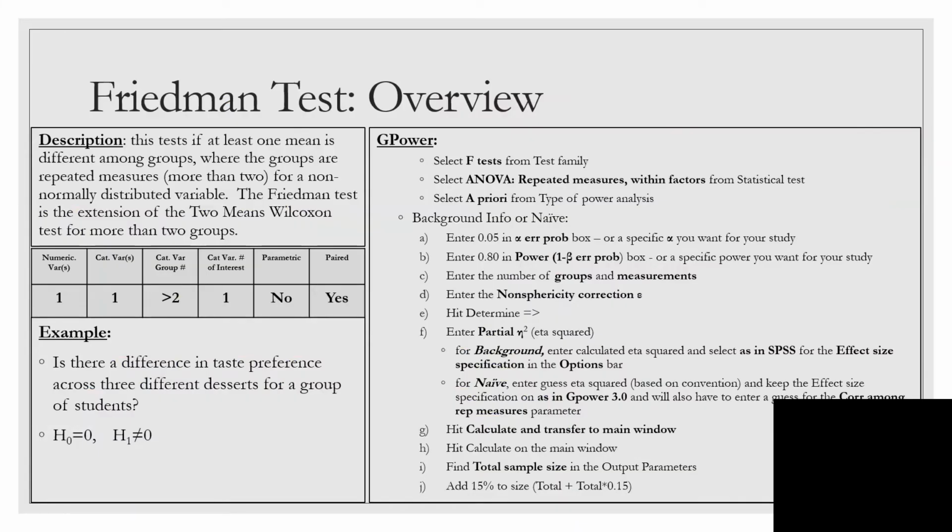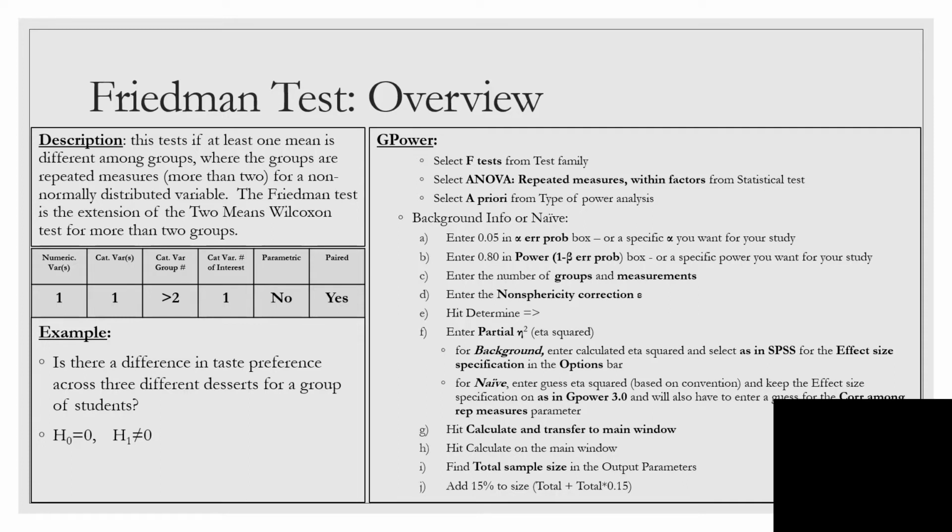Moving on here, we have the Friedman test, which is the nonparametric version of repeated measures ANOVA, or the logical extension of the 2-means Wilcoxon. Data is paired, and there are more than 2 groups.